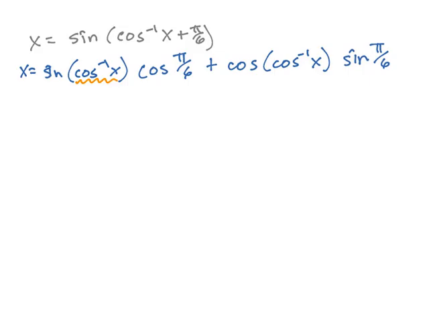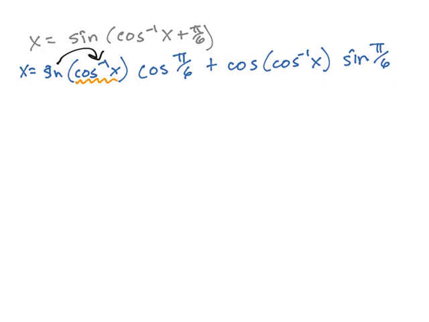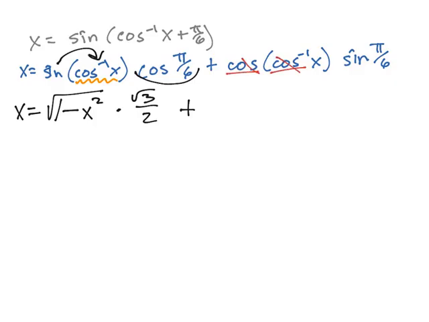Because when I go back to my problem and I'm ready to simplify, I need the sine of this piece. Well, the sine of that is the square root of 1 minus x squared over 1. So x equals the square root of 1 minus x squared times the cosine of pi over 6, which is radical 3 over 2, plus, now this is the beautiful part, cosine and inverse cosine cancel each other out.